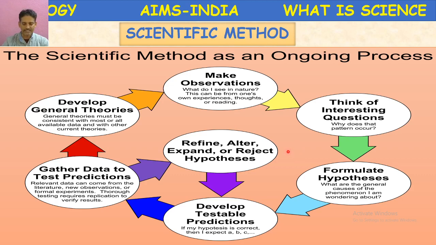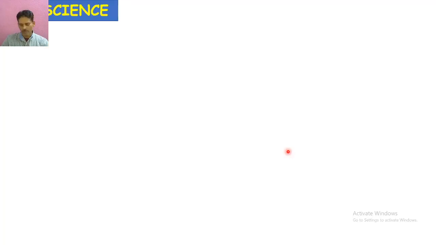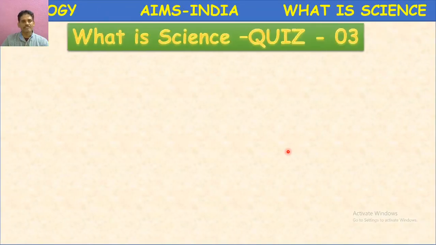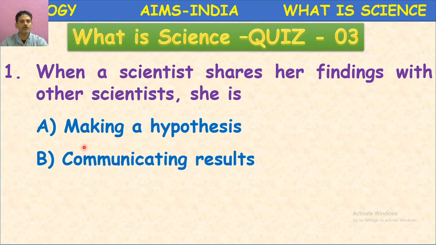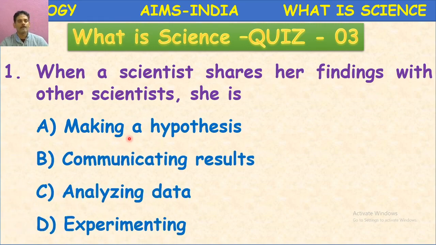Let us test ourselves on how much we have learned today, how much knowledge you have gained. Today, quiz number 3. When a scientist shares her findings with other scientists, she is using which process skill? A. Making a hypothesis, B. communicating results, C. analyzing data, D. experimenting.